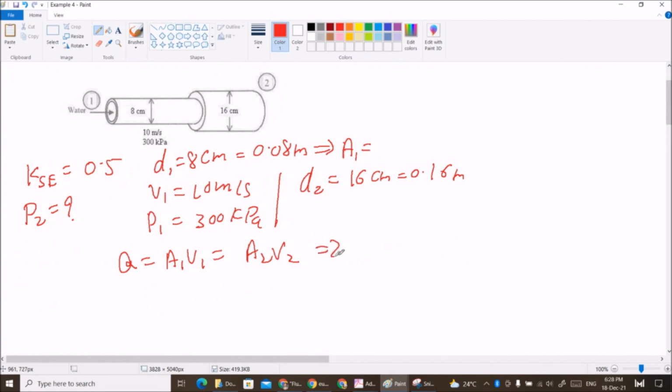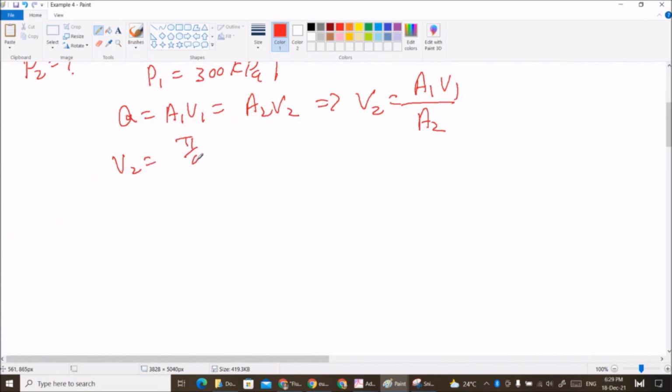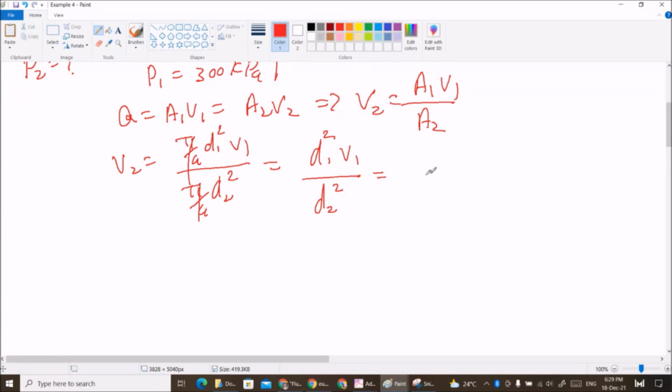This will give me V2 is equal to A1 V1 by A2. A1 is pi by 4 D1 square V1 divided by pi by 4 D2 square. So it is nothing but D1 square V1 by D2 square. Or you can find out area and put the value.